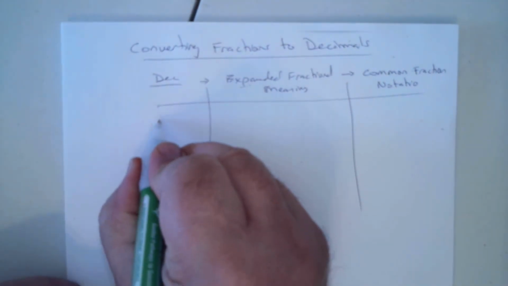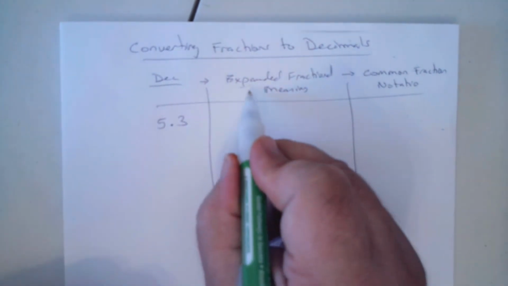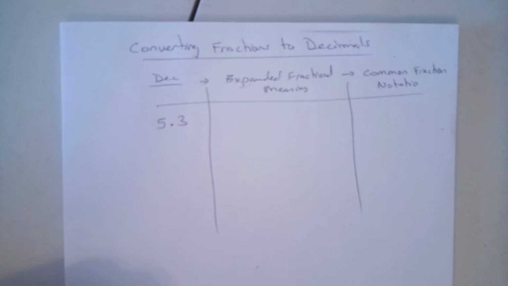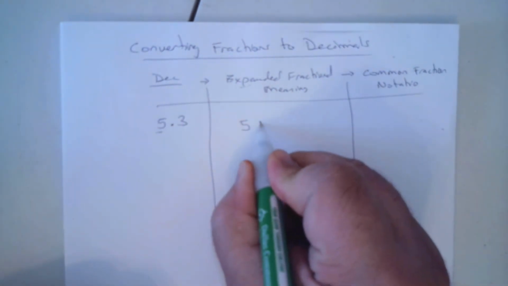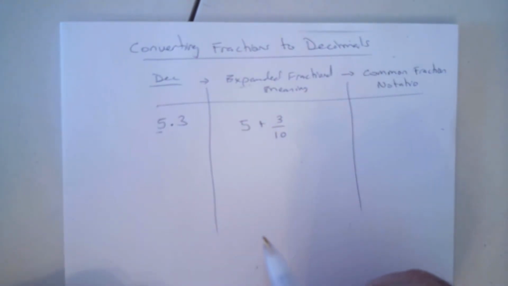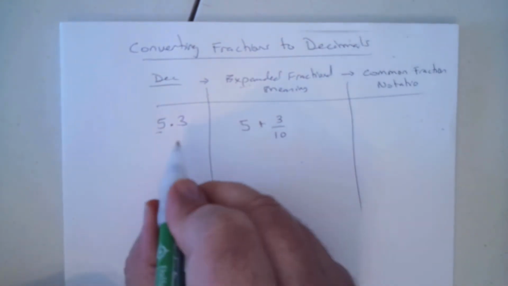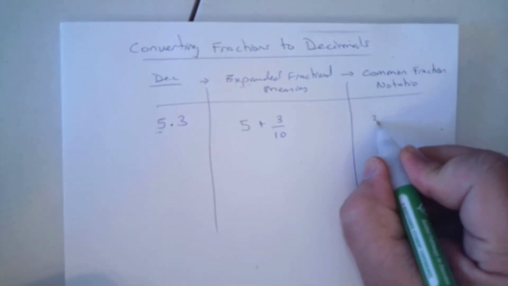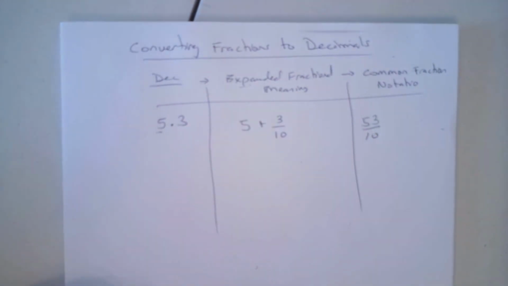For example, let's say we had 5.3. The expanded form, since this is the ones, and this is the decimals in the tenths, we write it as that. The common notation is we would add the top numbers and over the tenth. So it's 53/10.